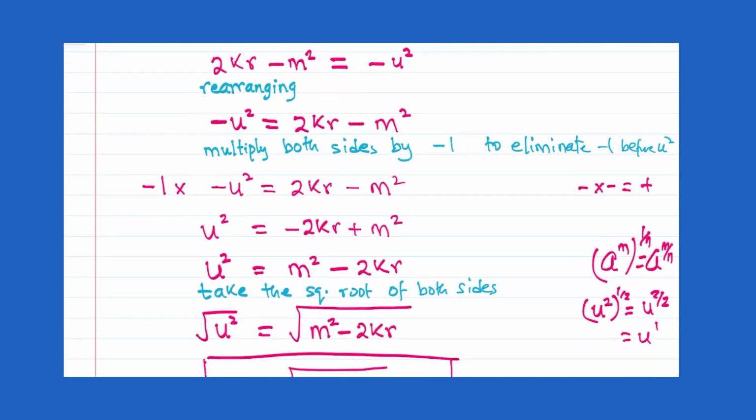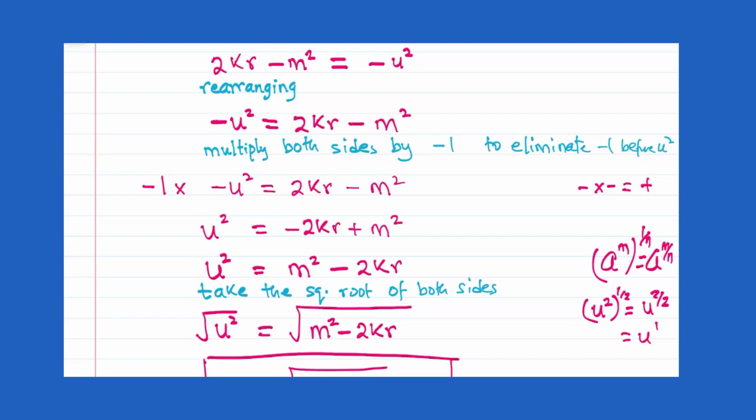Did you notice a unique situation that came up whereby we have minus u squared is equals to 2kr minus m squared? Since it will become a burden working with that negative format, we can easily address it by multiplying both sides by minus 1.